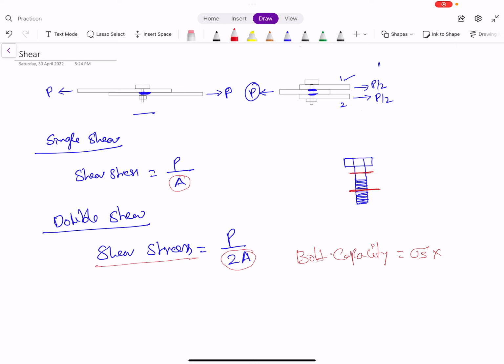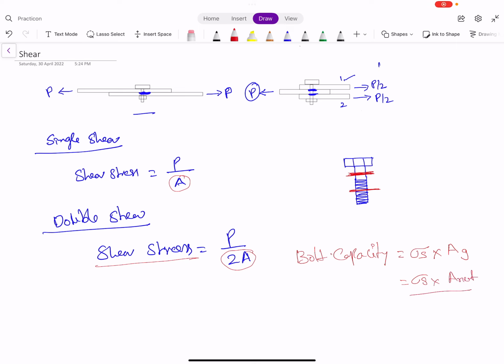This area is the gross area if it falls in the rounded shape. If it is a threaded shape, then the net area needs to be considered.